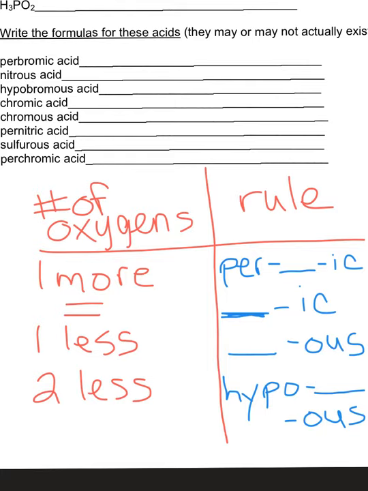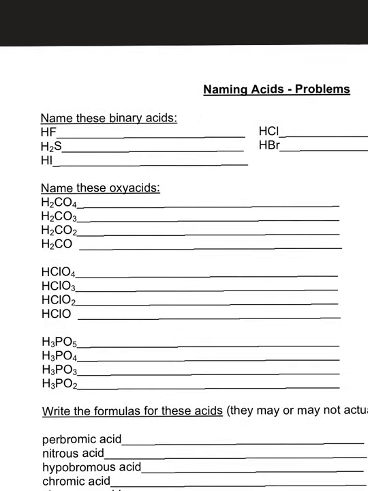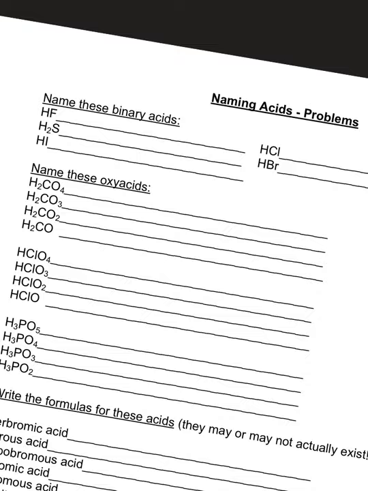Okay? So let me show you how that plays out. Let's go up here. The binary acids, those are easy. We can do those really quickly. All of these start and end the same way. They all begin with the prefix hydro, and you have the root of the ion, and they end in IC. They're all going to end in IC.